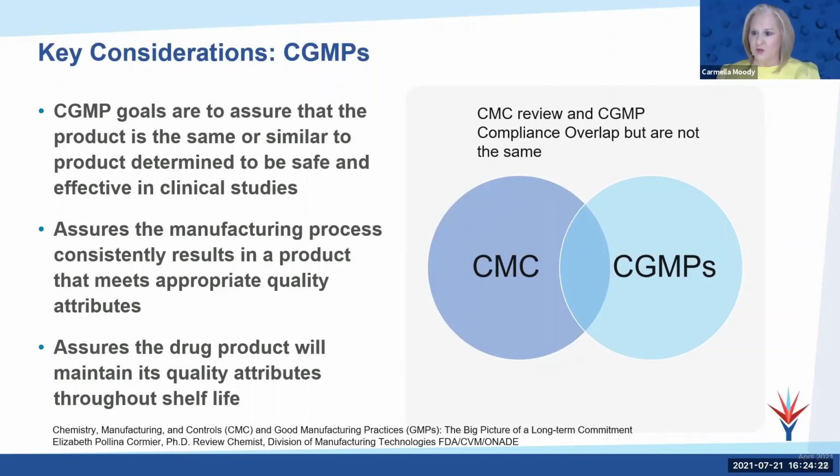C stands for current. And what that means specifically is that the agency expects that the good manufacturing practices you're using are current relative to state-of-the-art information.